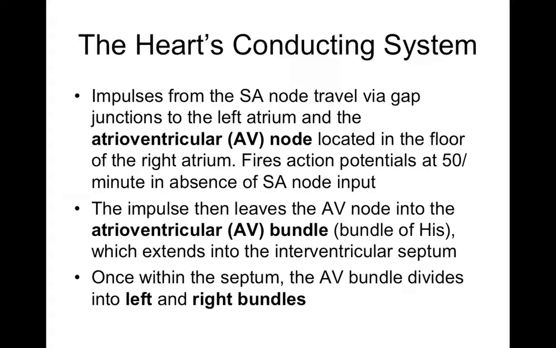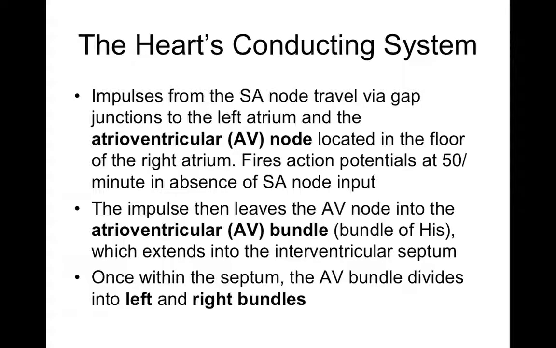Then the action potentials are near the AV bundle. Why wouldn't you want the action potentials to just go straight to the ventricles? Because you want to have a delay. You want to have enough time for the atria to contract to allow for adequate filling of the ventricles before the ventricles start contracting.